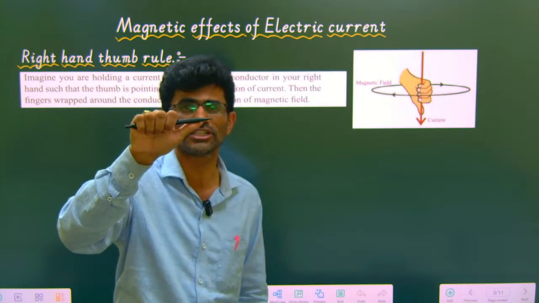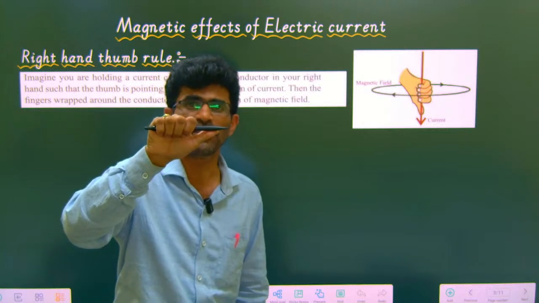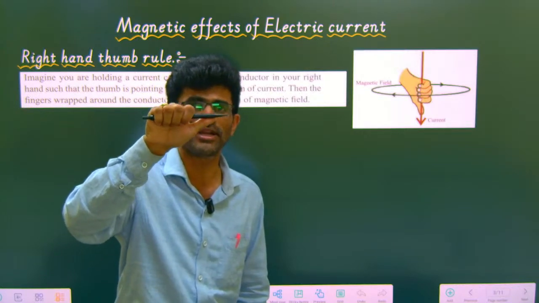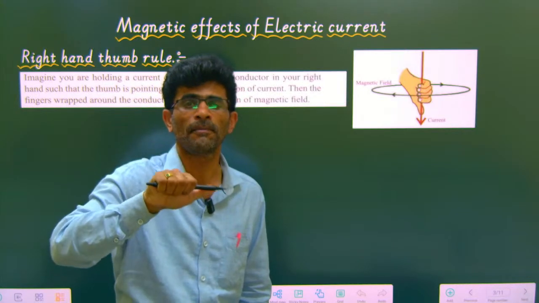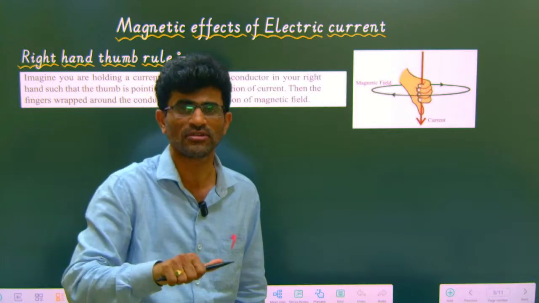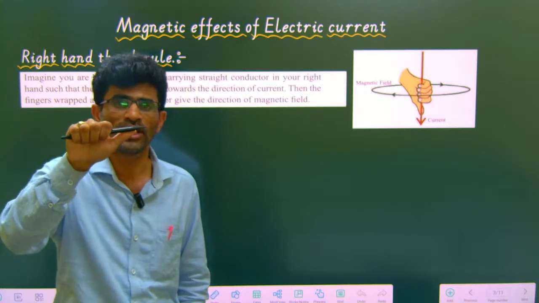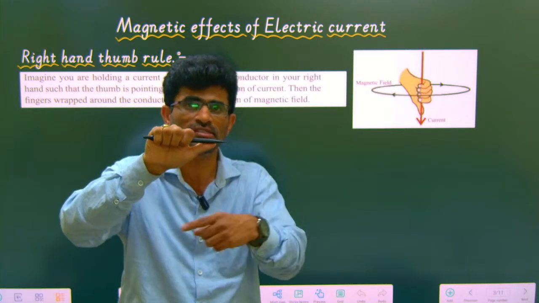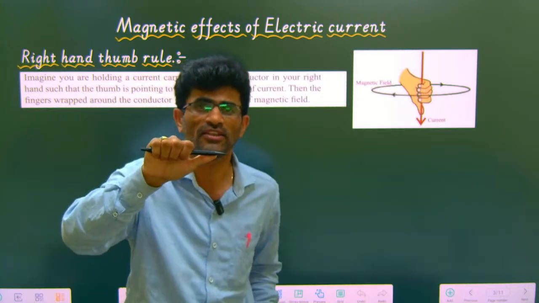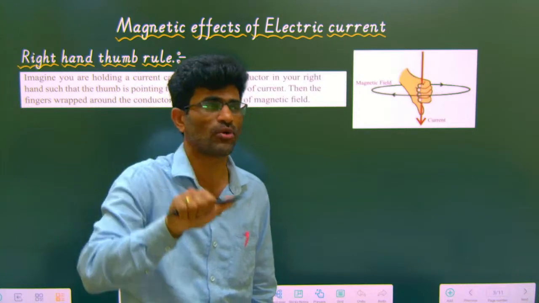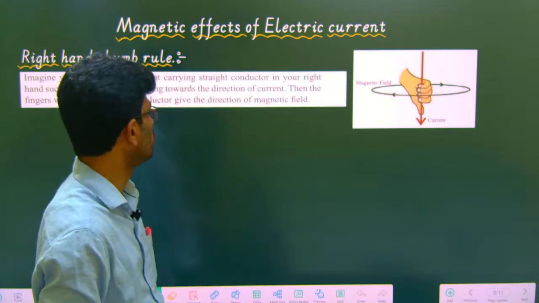The thumb gives the direction of the current, whereas the remaining fingers wrapped around the conductor give the magnetic field lines direction. So here the thumb gives you current direction and the remaining fingers show the magnetic field lines direction. So this is the right hand thumb rule.